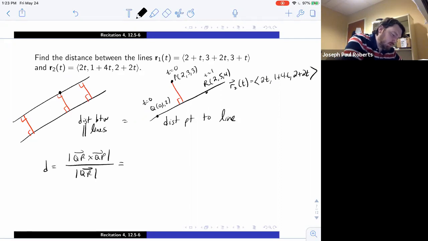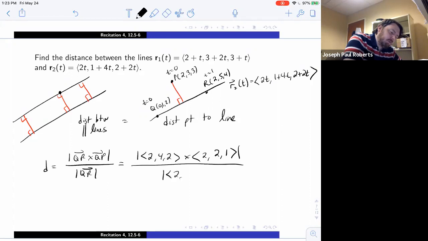And from there, you can keep going. So what? QR is just going to be what? 2, 4, 2. So the length of 2, 4, 2 cross what? QP is going to be 2, 2, 1. And then over the length of QR.